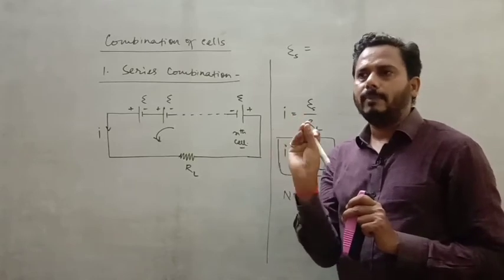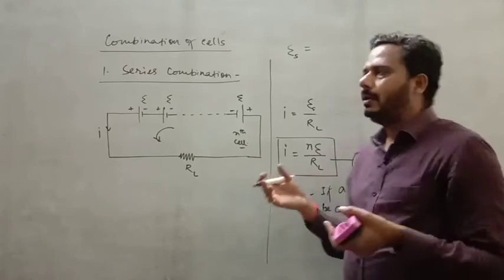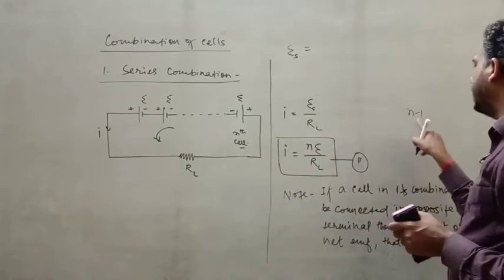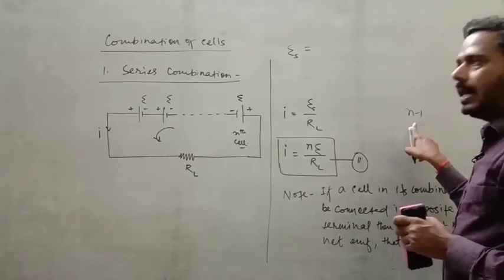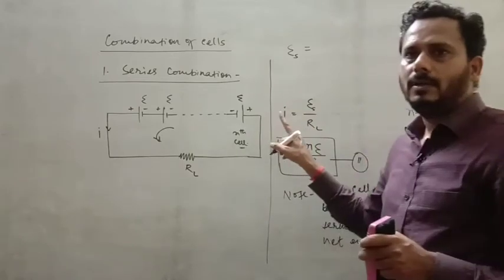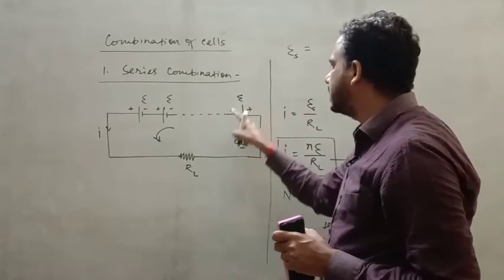Then what happens? One will be deducted from n. So you will get n minus 1 cells in series, and so one is removed first of all. Now this one is connected in its opposite in terminal.